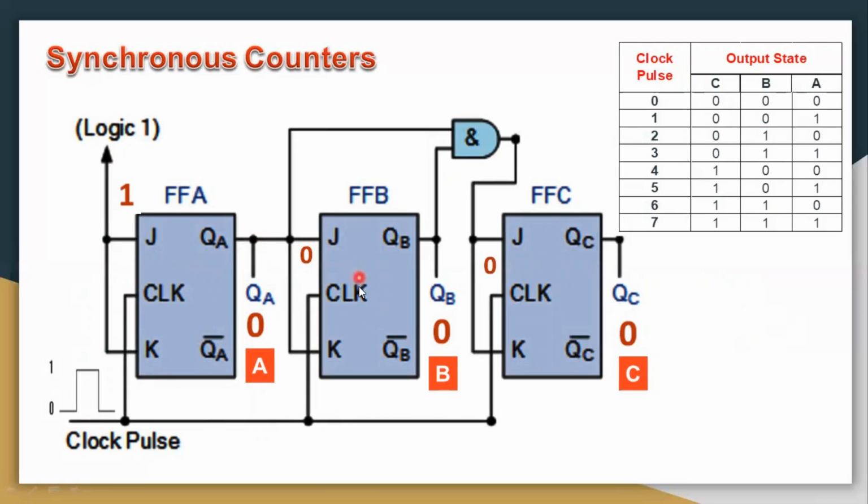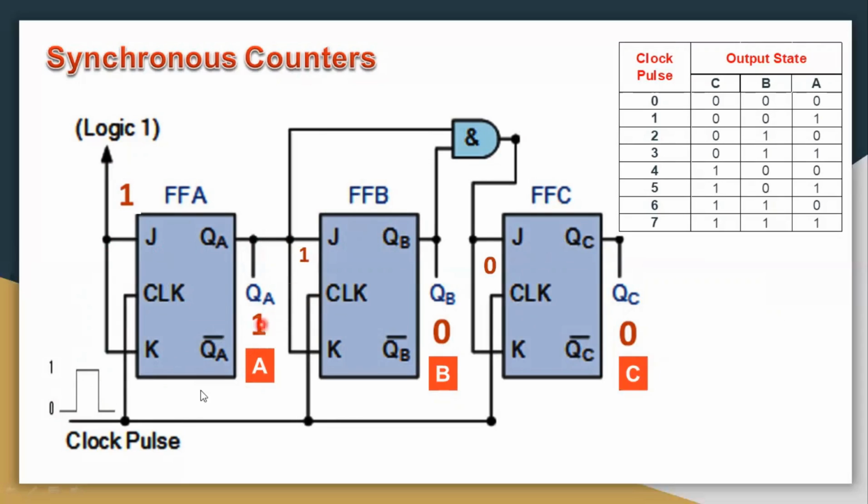So, this flip-flop will check the inputs J and K in the previous state. Now, when we are giving the first clock pulse, input is 0, therefore no change. Here also input is 0, no change. Before the first clock pulse, this input is high, so the first flip-flop gets activated and changes to 1. So I am giving a clock pulse, suddenly it changes to 1.